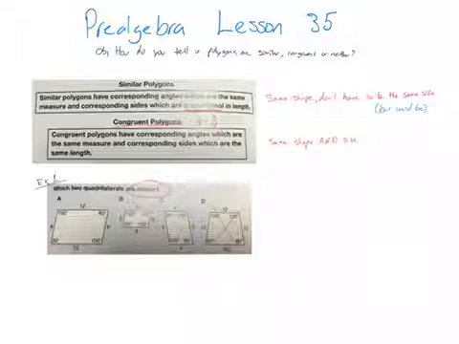Since those are kind of the similar shape, we need to see which sides are proportional to each other. So let's try A and B and see if that works. Short side of the shorter one, 6, over short side of the bigger one, 8. Is that equal to long side of the shorter one over long side of the bigger one?